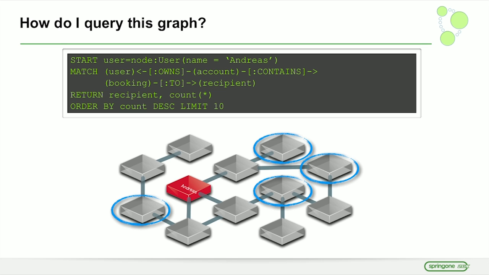So this query language is called Cypher. As you can probably infer from the names Neo and Cypher, Neo4j is much inspired by the Matrix movies, because our founders were really fond of the Matrix movies, especially the first one. And so lots of these names went into the database.